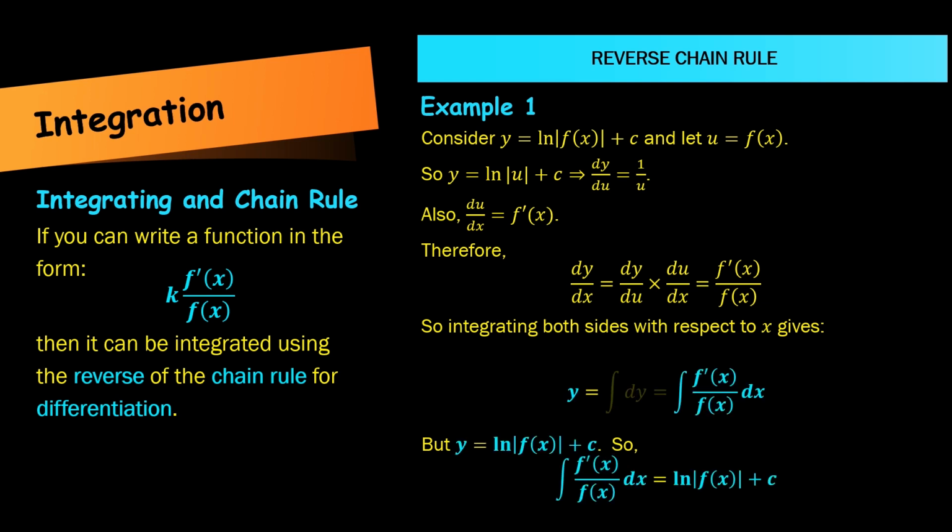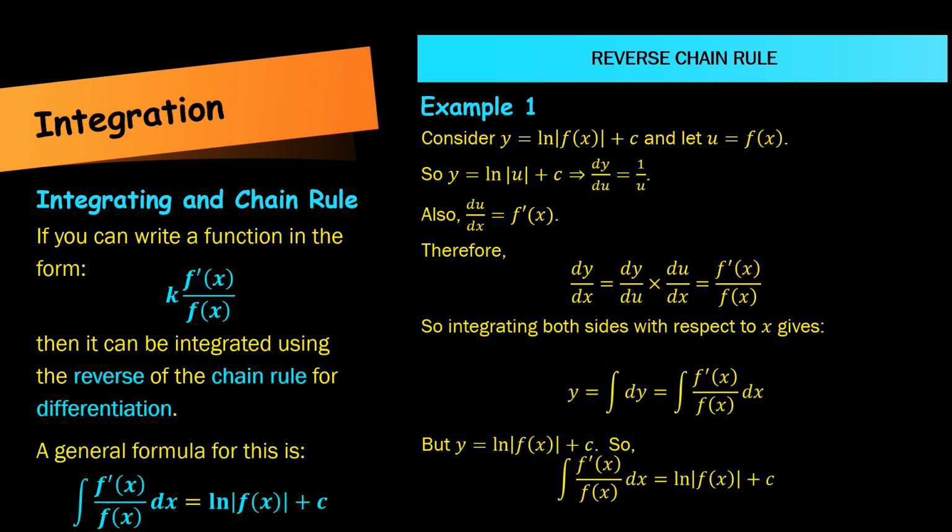And so, if we plug this all in, we obtain that the integral of f dash of x over f of x dx equals ln mod f of x plus c. And so we can make a note of the general formula for the integral of k f dash of x over f of x and adjust for the constant k.